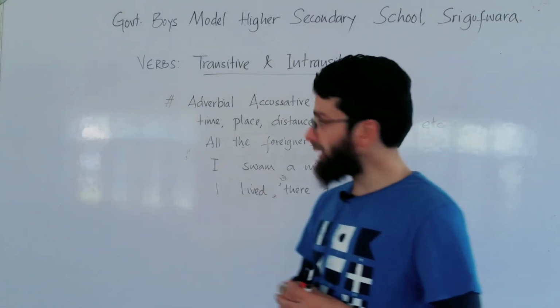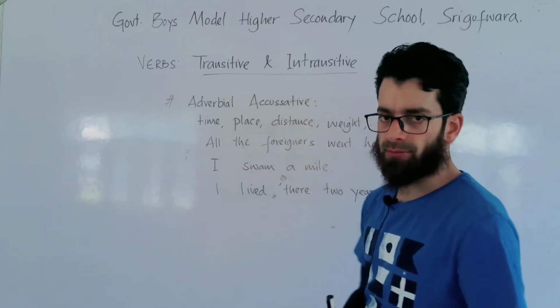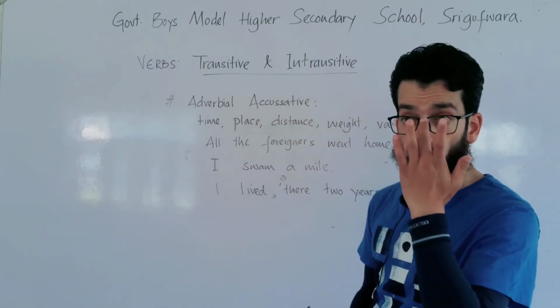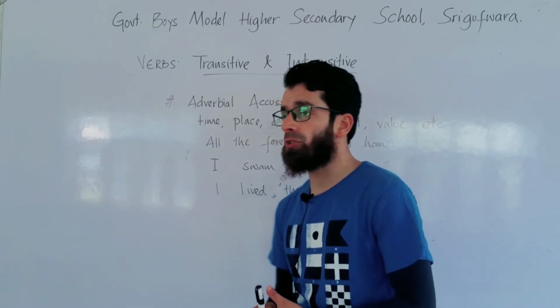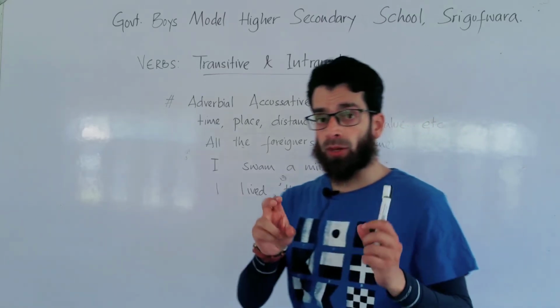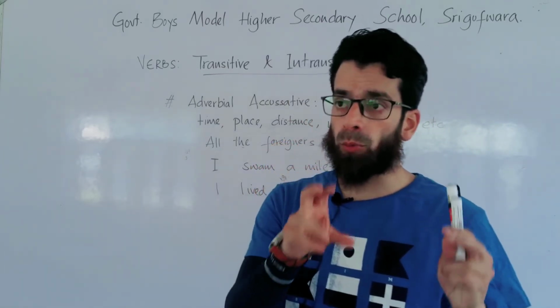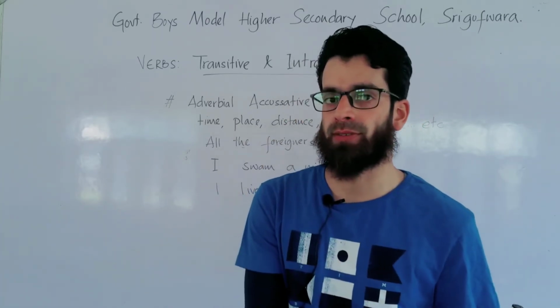Okay, now we are also familiar with adverbial accusative. We have already discussed cognate object and adverbial accusatives in the previous lectures, in the video titled "Do you know these nouns?"